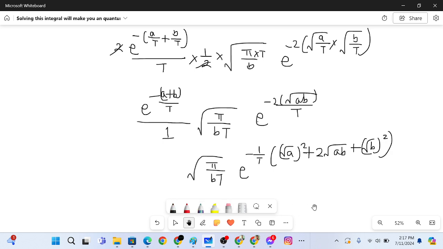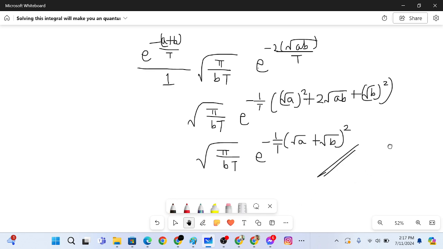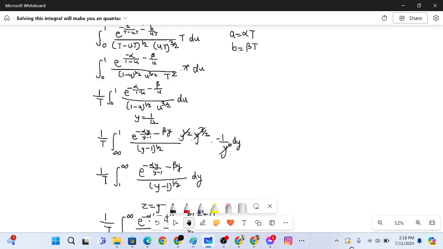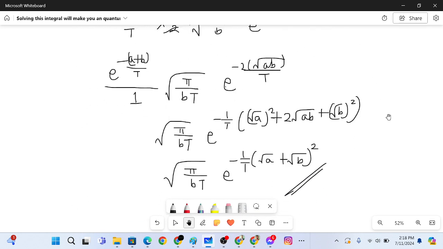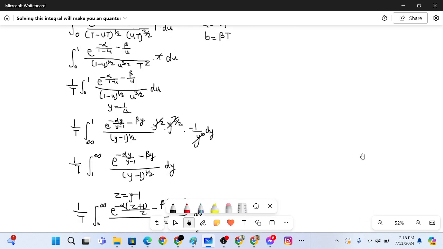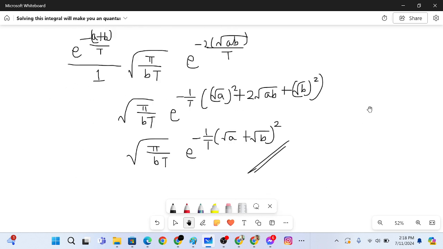So we have root under pi by bt, and then e to the power minus 1 by t, root a plus root b, whole square. Yes, this is the solution. So let's check the answer: root pi by b times t, e to the power minus 1 by t, root a plus root b whole square. Yes, this solution works.